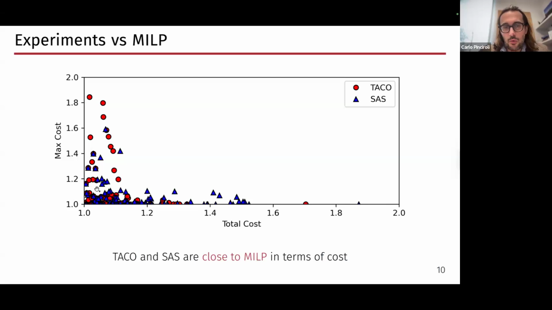What you can see is that what is nice about TACO and SAS is that they both tend to crowd the bottom left corner very much. There's an interesting thing though. TACO tends to be a little worse when we consider max cost, and SAS tends to be a little worse when we consider total cost.